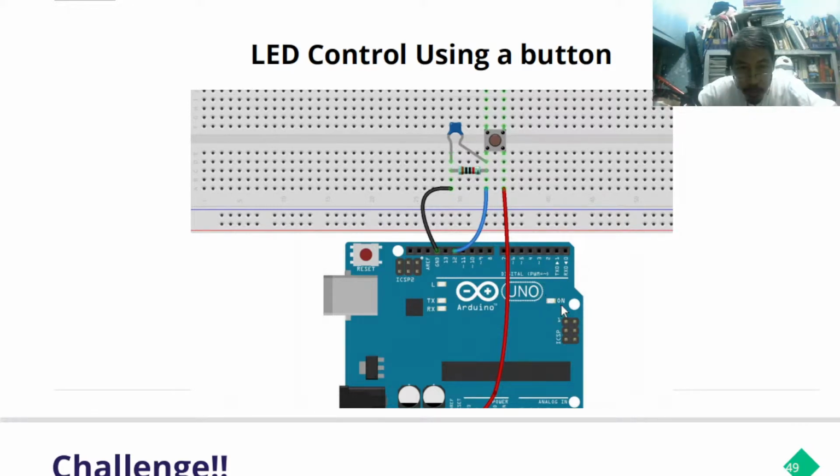But this is input. So this is the push button input. Okay, going to, I think, pin number 2. Pin number 2 is the input, and then pin number 12 is the output.